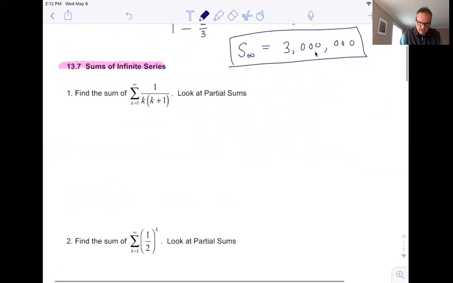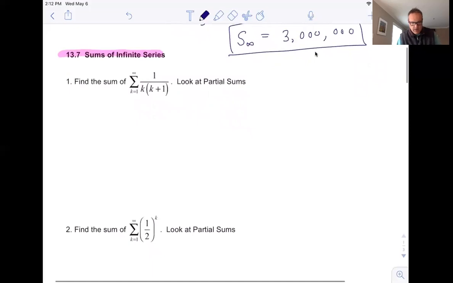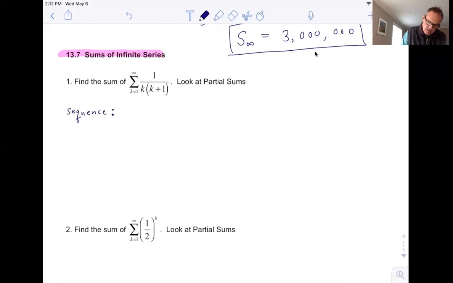And I think in this example, we'll just look at the first example here. It says, look at the partial sums. So before I look at the sums, I'm going to look at the sequence, not the series, but just the sequence, which means plug in 1, plug in 2, plug in 3. If I plug in 1, I'm going to get 1 over 1 times 2, which is a half. If I plug in 2, on the bottom I'll have 2 times 3, which is 6, so I'll have 1/6.